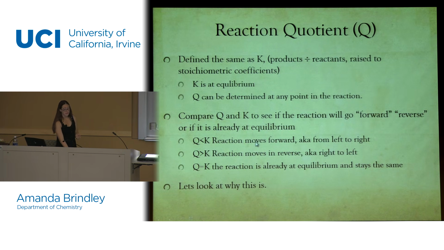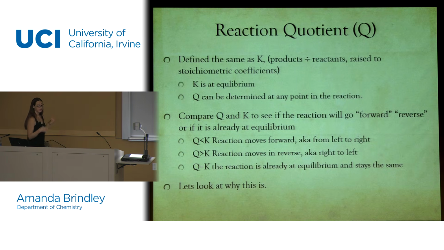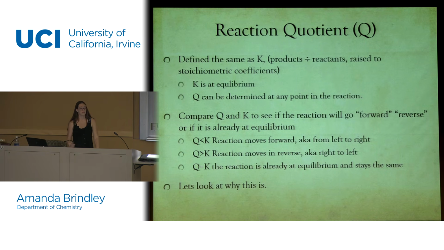So if Q is less than K, the reaction is going to move forward. It's going to move in the right direction, the forward direction. Where if Q is greater than K, it's going to move in the reverse direction. If Q is equal to K, we're already at equilibrium, it stays exactly where it is. That's the short version.